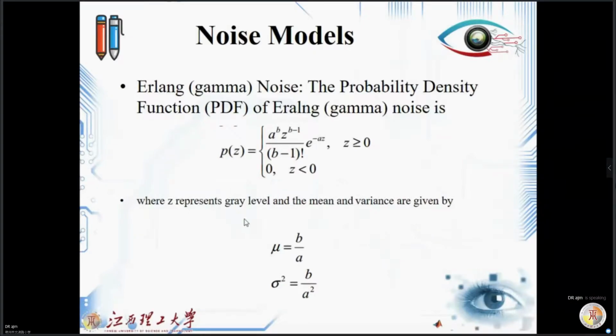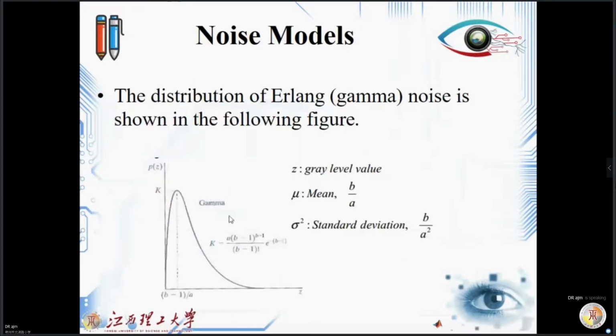If you look at the figure, you will see some similarity to the Gaussian noise model, but from the left side it goes near to the y-axis, and the mean value and standard deviation forms are a little bit different. It has a different formula than the Gaussian form.